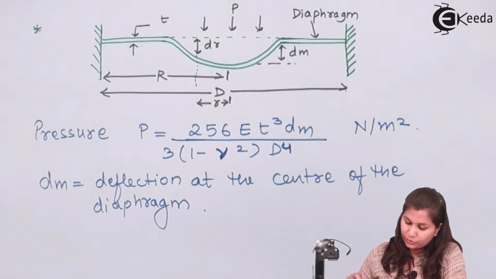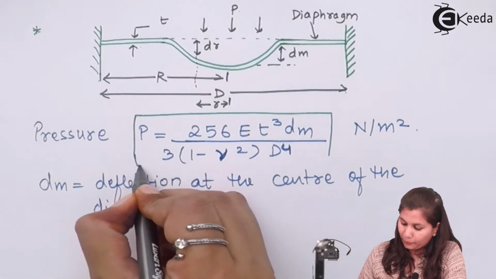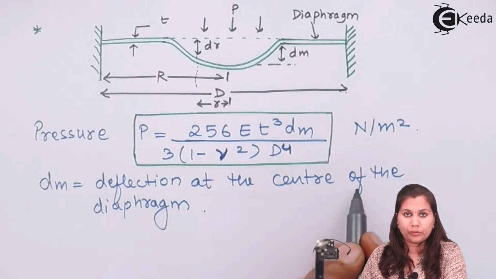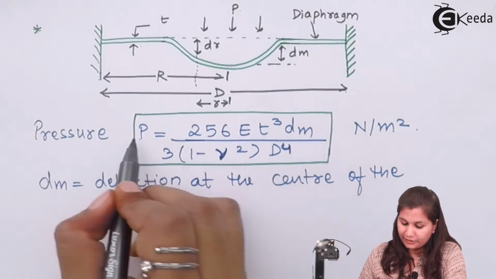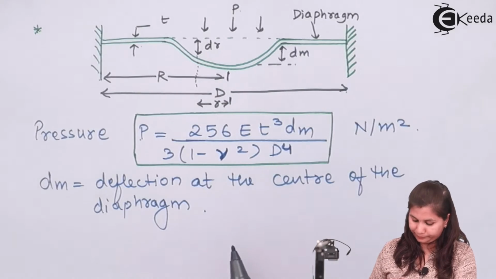If you see this relation, then pressure is directly proportional to the deflection of the diaphragm at the center position. Pressure is directly proportional to dm. So the relationship between the two is a linear relationship.